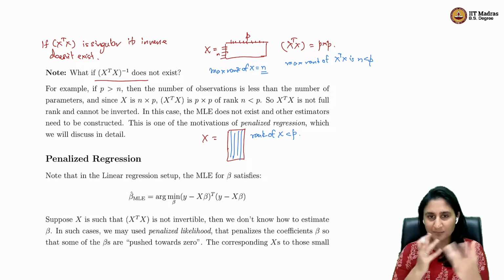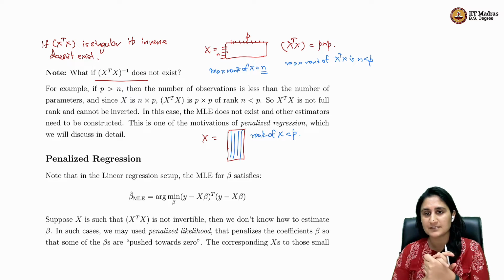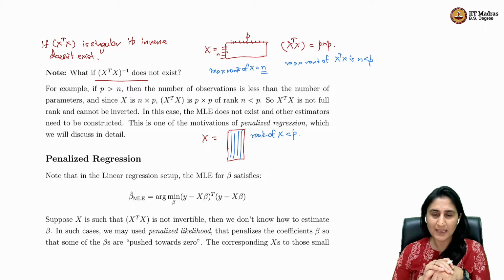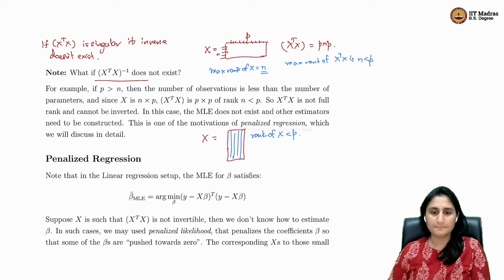So there's some linear dependence between these columns, which means that there's a lot of correlation amongst the columns of X. That can also lead to X transpose X being not invertible. Okay, and this is one of the motivations of penalized regression.